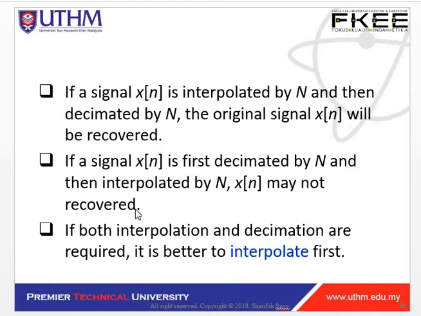You reduce first, which means some data will be cut out, and then interpolating increases the size, but you won't be able to recover the original signal. So if both interpolation and decimation are required, it is better to interpolate first, because you increase the sample size.